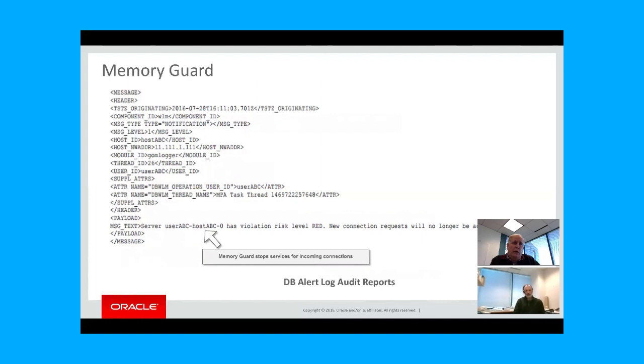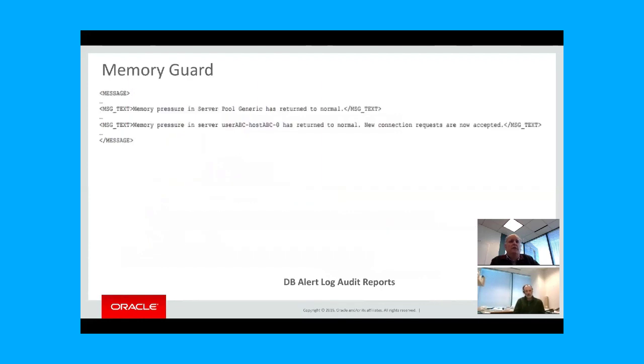When that stress is relieved, we'll see a clear message, and the memory guard daemon will restart the services that it stopped. At that point, the database application will be able to use that instance again and carry on with whatever work it needs. I see.